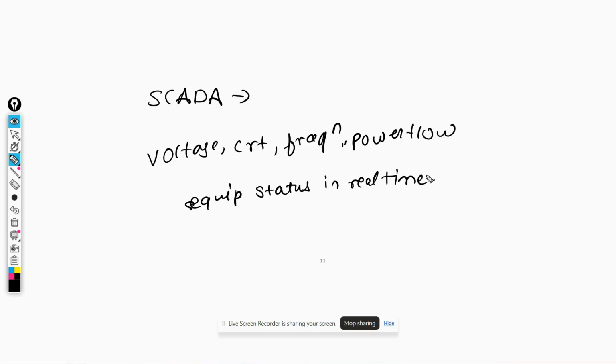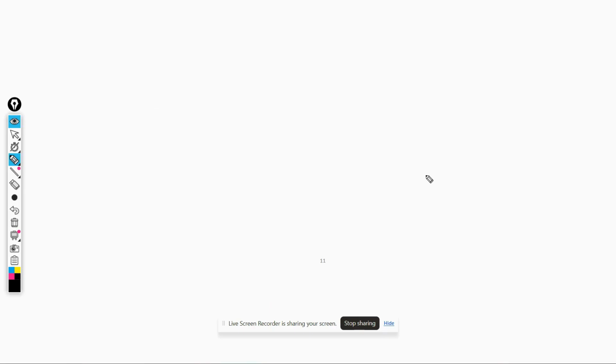Now we will discuss the characteristics of this interconnected grid system. The first characteristic was the formation of interconnected national and regional grids.